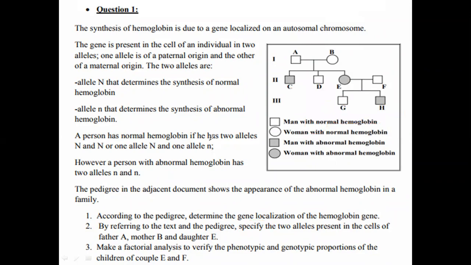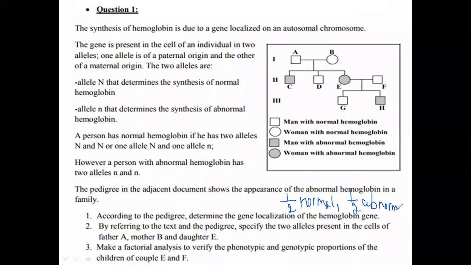Let's continue to 43. They said, make factorial analysis to verify the phenotypic and genotypic proportion of the couples E and F. What are the phenotypic and genotypic proportion? How many children do they have, couples E and F? They have two. One of them is affected and one of them is normal. So 1/2 are normal, and 1/2 are abnormal. These are the proportions here.